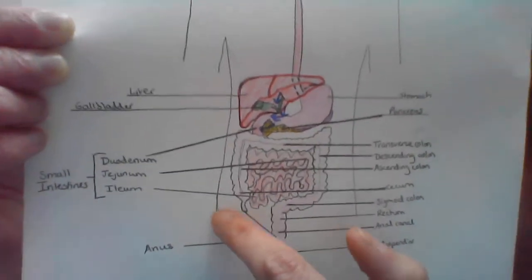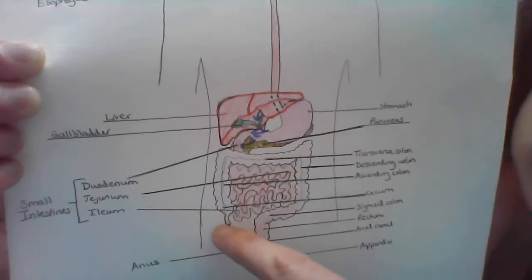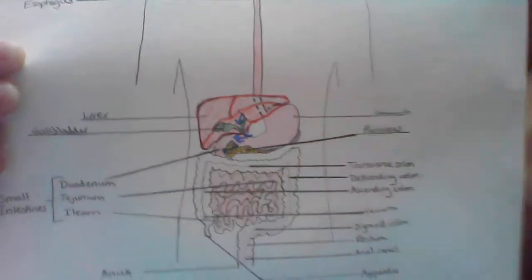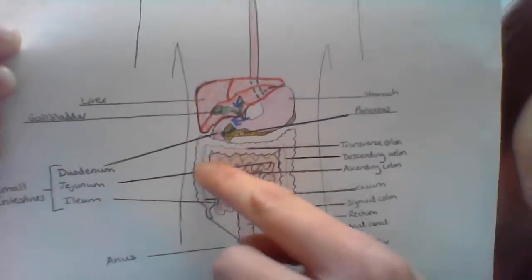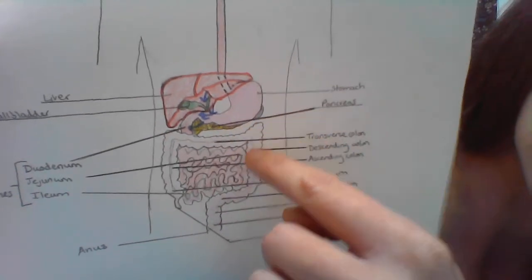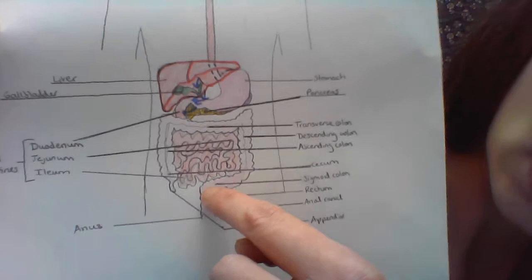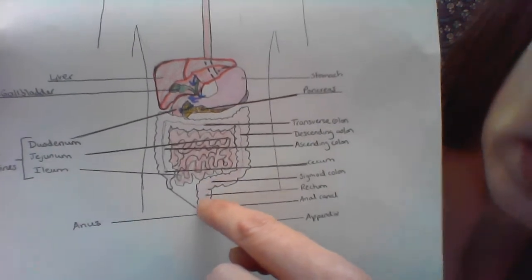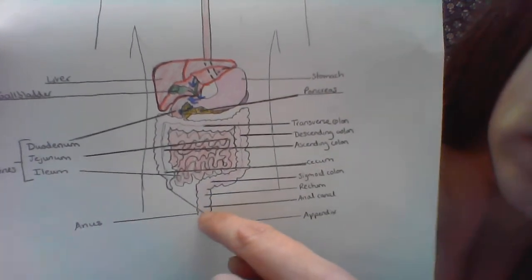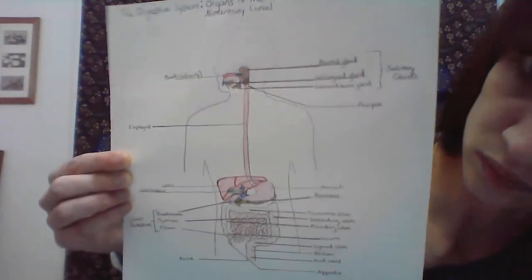The first part of the large intestines is down here, which is the cecum, and this little piece down here is the appendix. But the cecum then becomes the ascending colon, then the transverse colon, descending colon, sigmoid colon. Then we have the rectum and the anal canal, and then finally the anus. So that is my drawing.